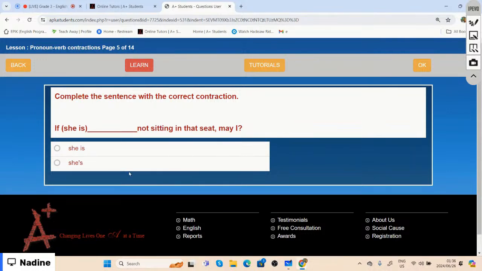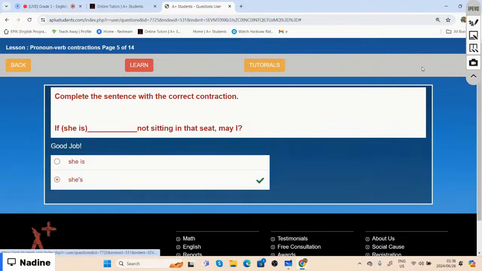All right, so we will say if she's. So option two is correct. Yes, it seems like everything is option two. So if she's not sitting in that seat, may I? Well done, that is correct.